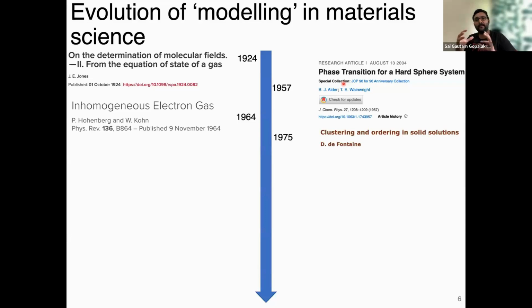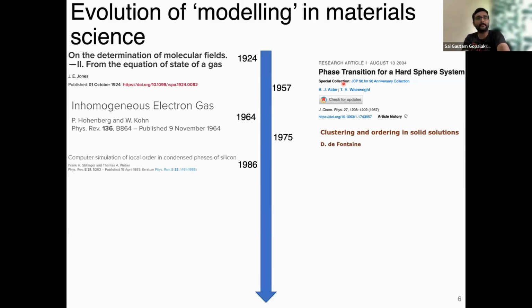So lattice models basically try to understand how different configurations can play a role in the properties of a given lattice. And in 1975, this is when a formalism called cluster expansion was developed for material science, and this has paved the way for predicting phase diagrams and long-range behavior of several materials in the ensuing decades. So this was a major landmark as well.